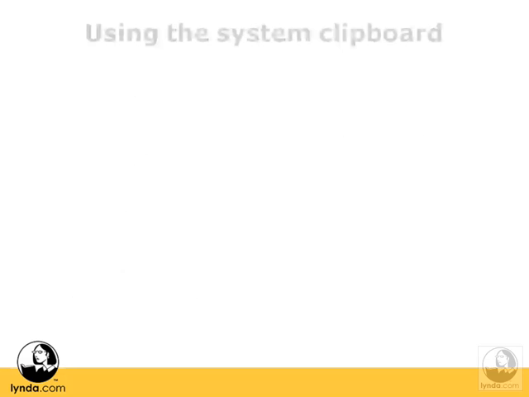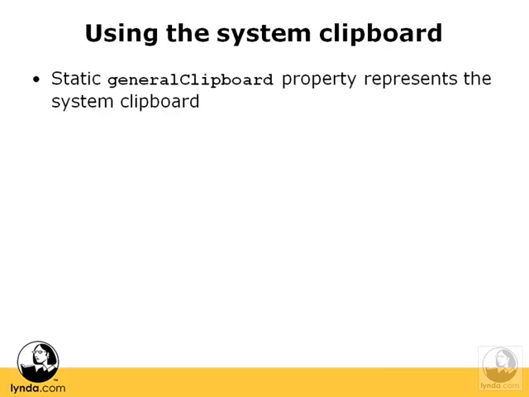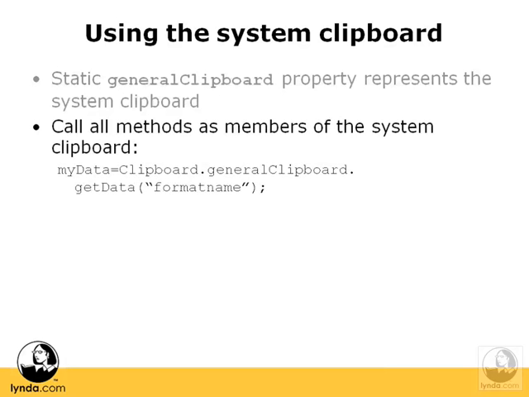The system clipboard is represented in the world of AIR by a static generalClipboard property of the Clipboard class. When you call any of the methods of the Clipboard class, you call them as members of the generalClipboard object.